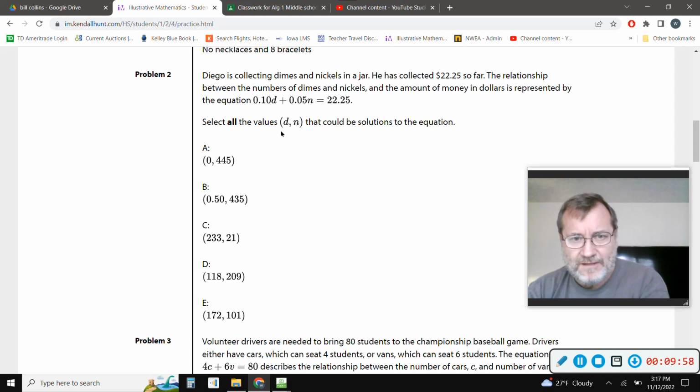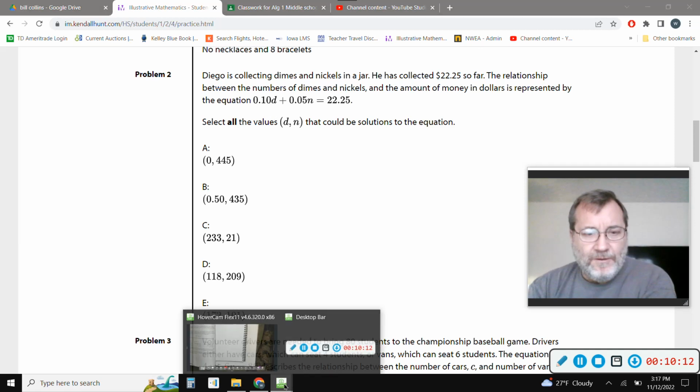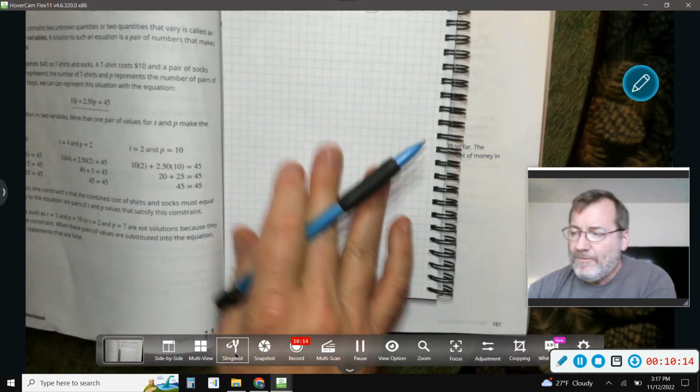So let's go select all values that could be solutions. So I got a 0 and a 445. That's supposed to be dimes, that first number, and the second number is supposed to be the number of nickels. So let's see if this works. All right. So let's go back to our camera quick, and let's see what we got here.